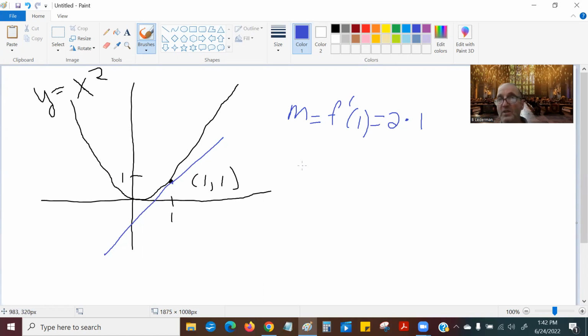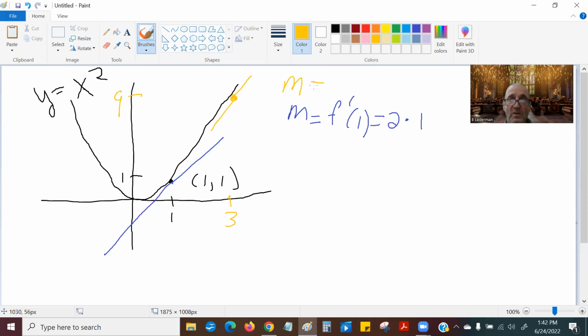Now, what is the equation? Well, actually, we'll get to that later. Let's go to a point up here, where x equals 3. If x equals 3, we know that y equals 9. But what is the slope for that point?